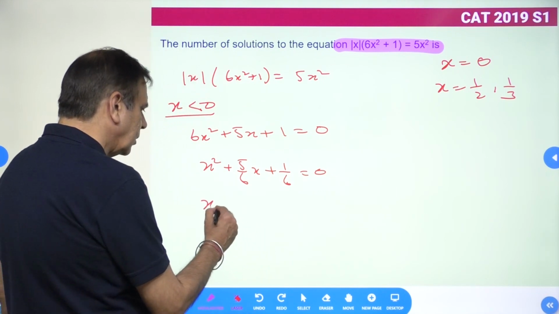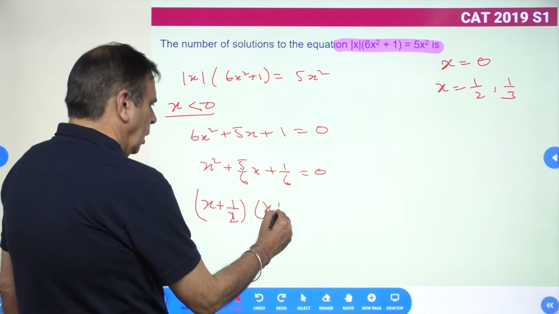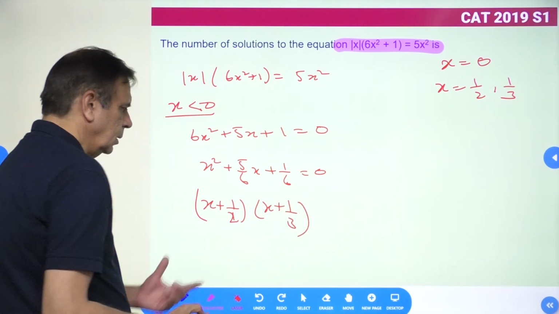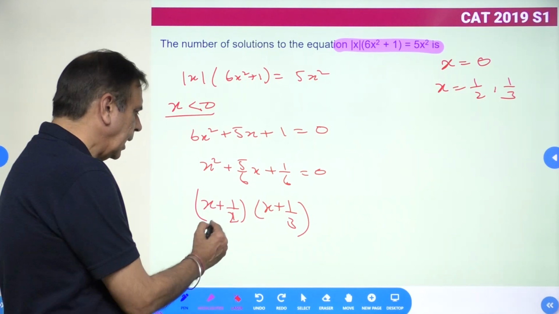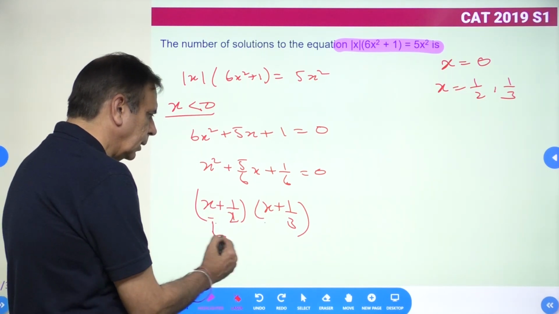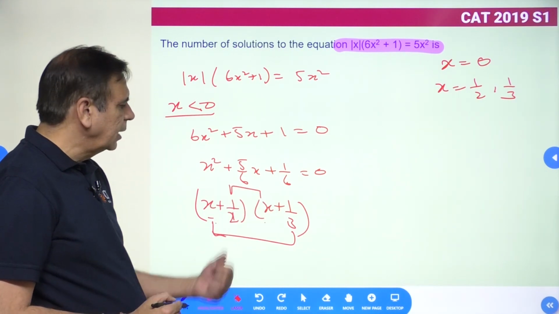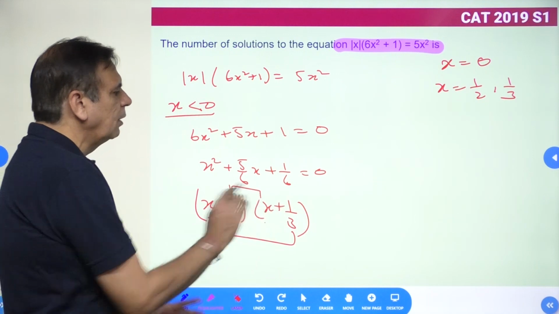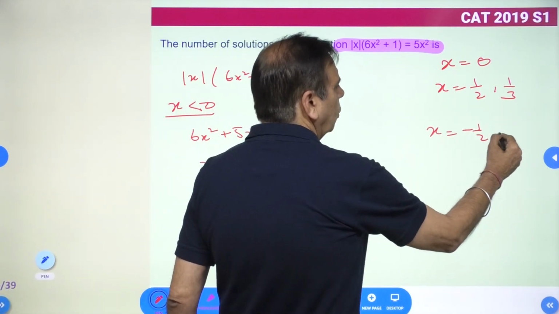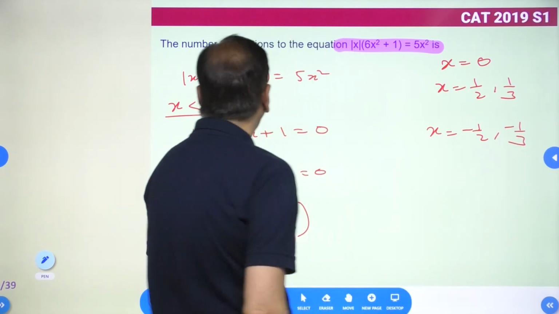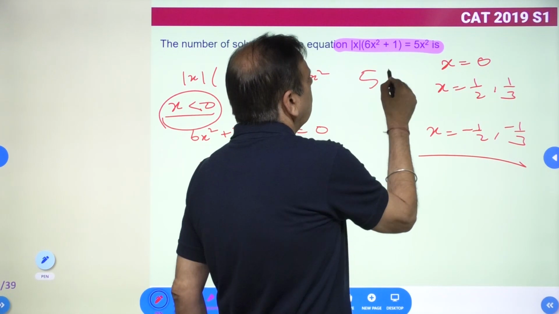So can I say this is the same as x plus half, x square plus half x plus 1 by 3 x plus 1 by 6, with 1 by 2 into 1 by 3 being 1 by 6. So what does it become? This means x should be equal to minus 1 by 2 or minus 1 by 3. What was the condition? x less than 0, satisfying. So how many solutions possible?